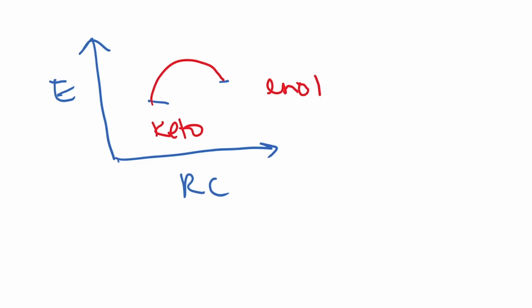Now both the keto form and the enol form produce the enolate. That is, the ketone gives you the enolate, and the enol also gives you the enolate.